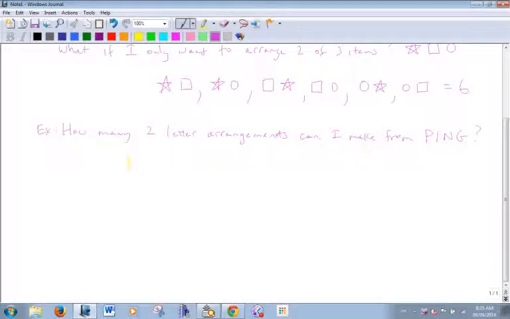I'm going to start with P. I got how many choices for my first letter? 4 choices, okay? I'm going to start with P and then, well, let's pick I. And then I'm going to start with P and then I'm not going to pick I. How many choices do I have for my second letter? Yeah.